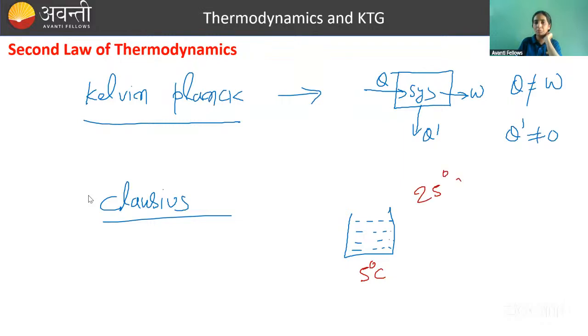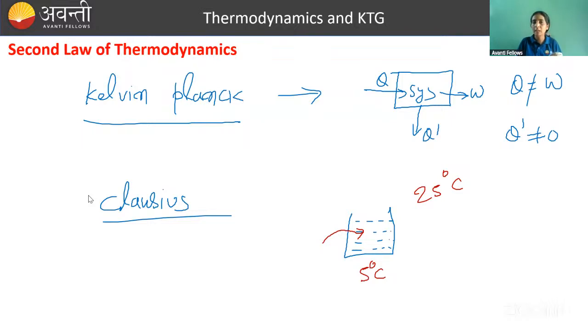It has a temperature of 25 degrees centigrade. What do you expect normally to happen? Normally, what will happen? This cold coffee will warm up, right? It will, after some time, come in equilibrium with the surrounding. That is, its temperature will become 25 degrees. Normally this will happen, but it cannot happen like this: cold coffee getting more colder over time.